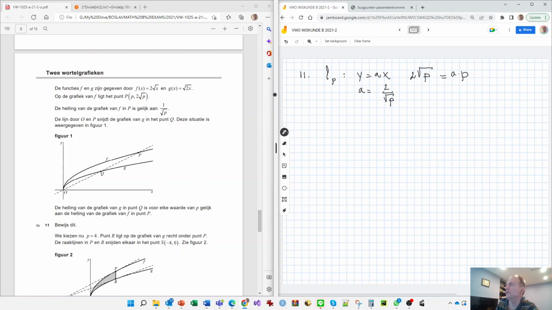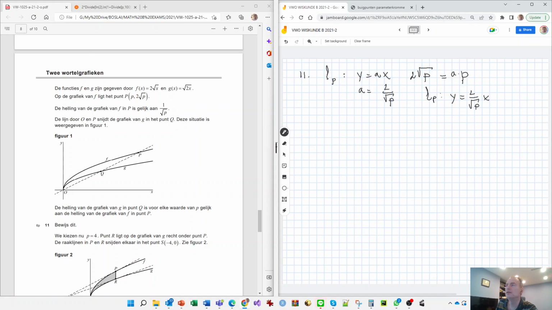So our line LP is simply y equals 2 divided by the square root of P, times x. And they say if I intersect that with G at Q, at that point the slope is also 1 over the square root of P. Interesting.